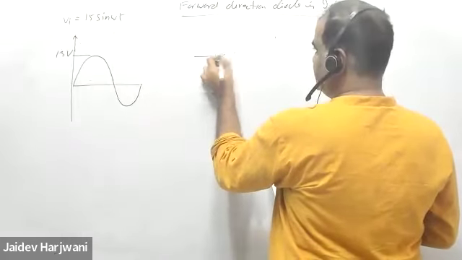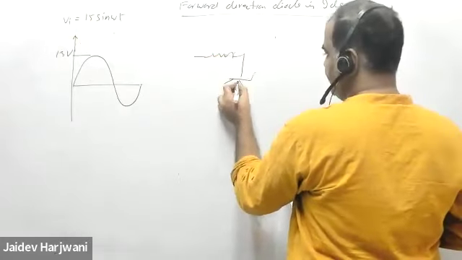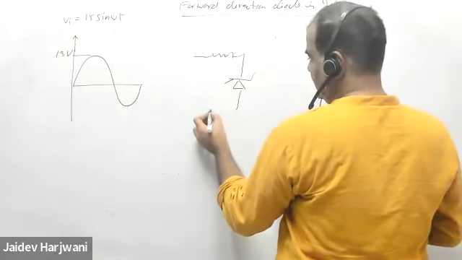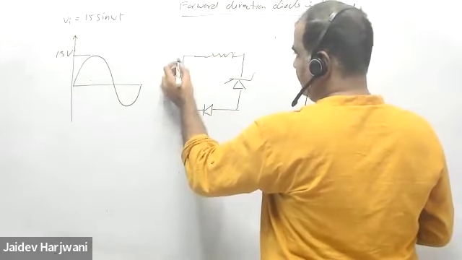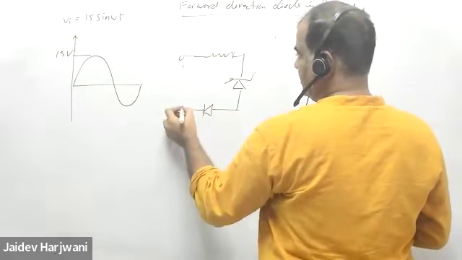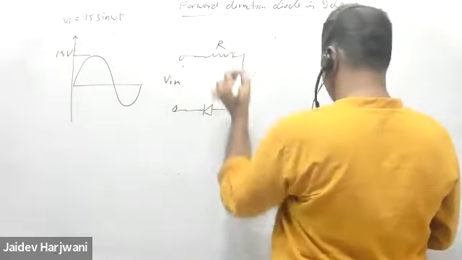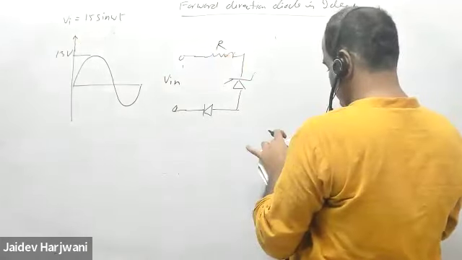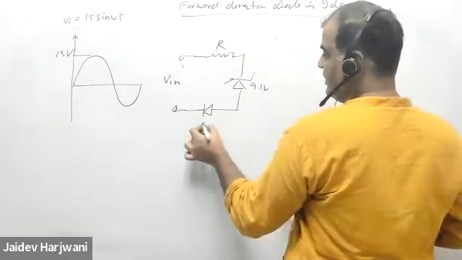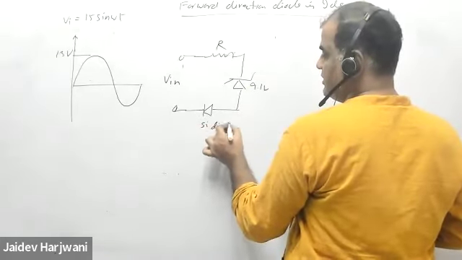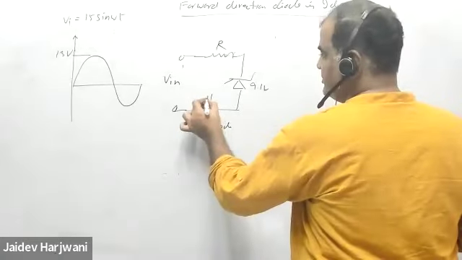Here some resistance is there. Here some Zener diode is there, and here some ordinary diode is there, and here you are applying your V input, which is a sine wave, and some R value is given. This is your 0.1 volt, and they say this is a silicon diode. Silicon diode means if it is forward bias, it should be 0.7 volt.